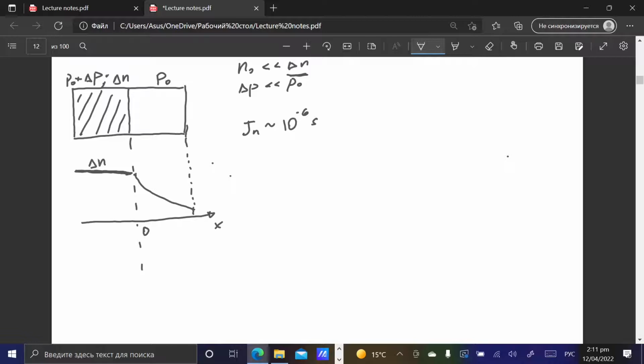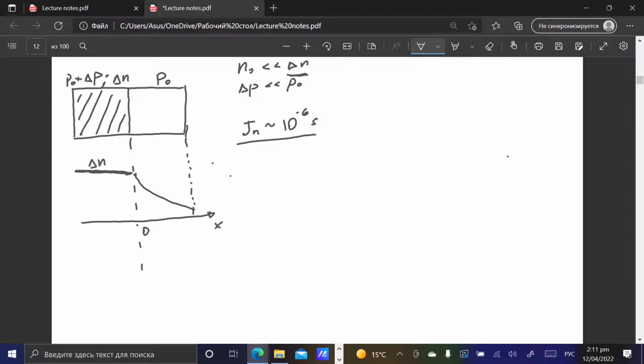Then we see that this recombination lifetime means how long these diffused non-equilibrium minority charge carriers can live in this part of the dark semiconductor.